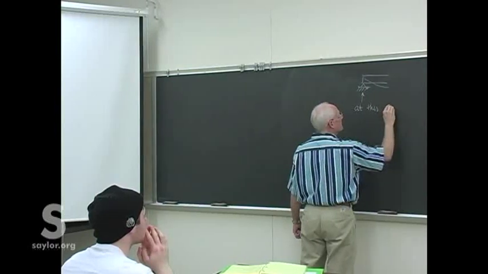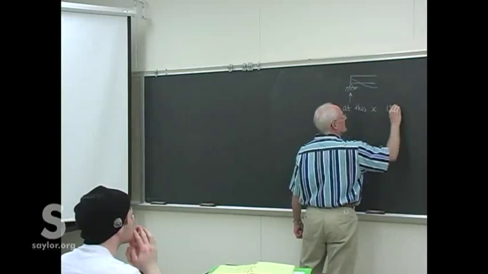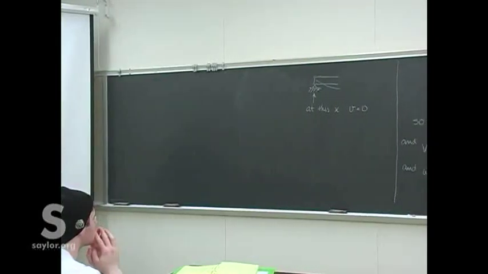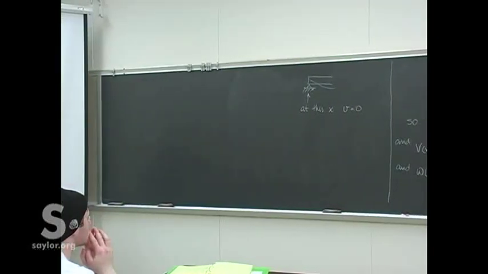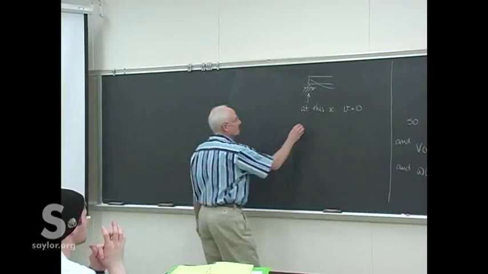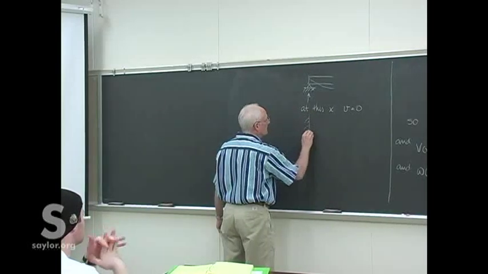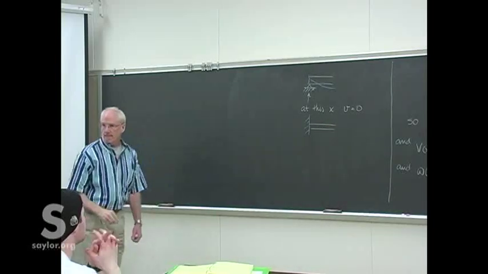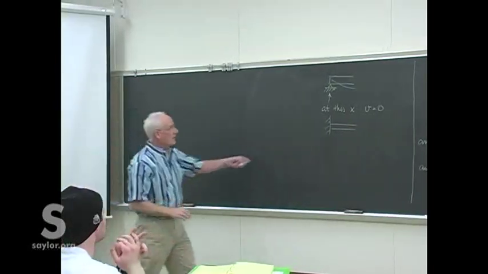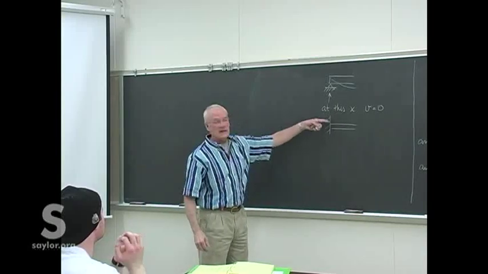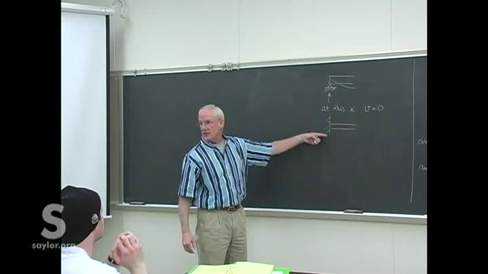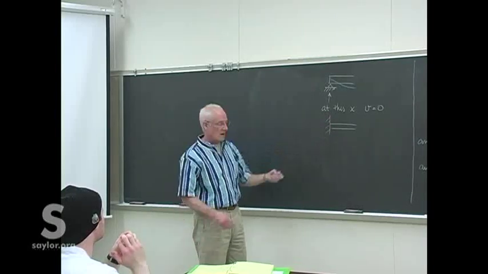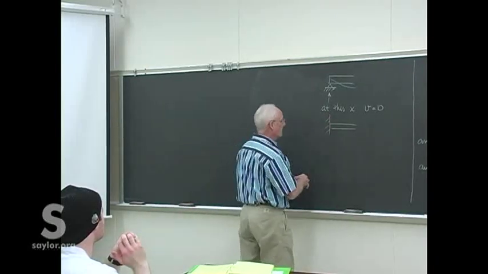At this x, V equals 0. For example, on a cantilever beam, not only will V equal 0, there won't be any deflection here. No matter how you load it, the beam's not going to drop down at the support any.